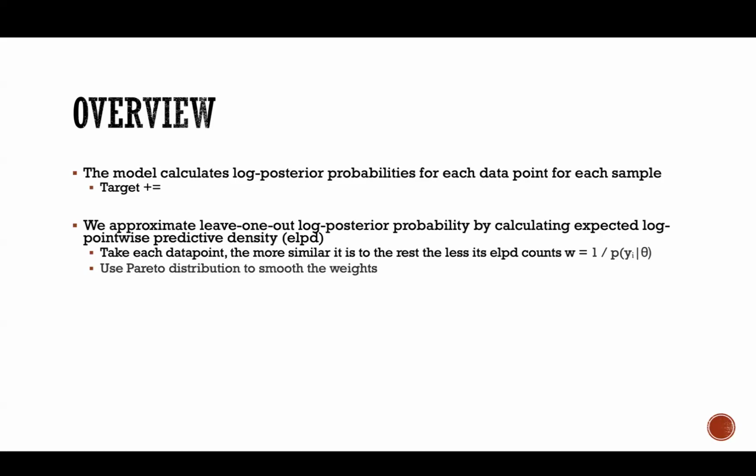And so what it does is it says, let's look at data point 1 and let's look at how probable it is given the model, or actually not the model, but the data set.